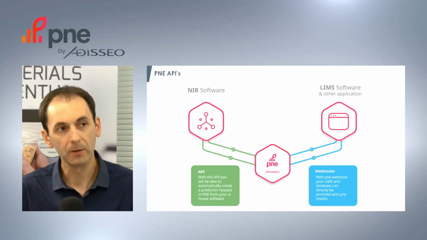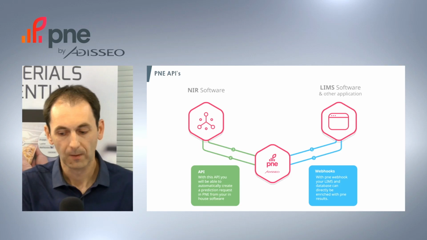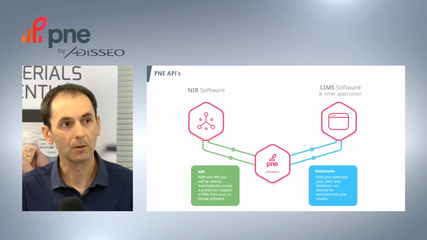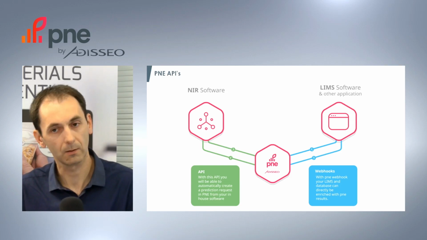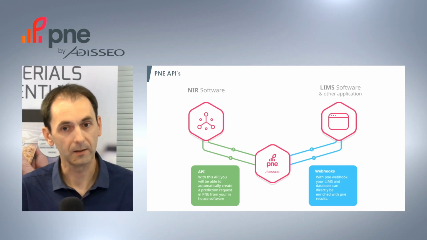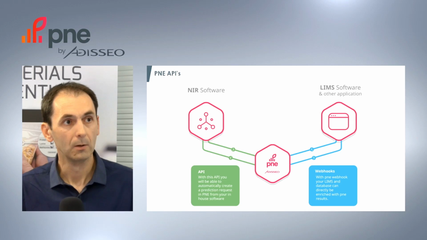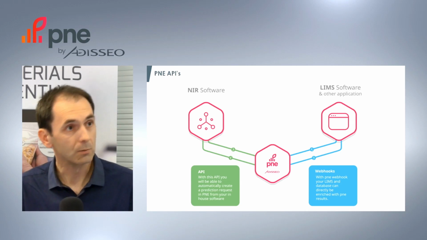Well, these APIs allow an optimal integration of PNE in the feed mill environment. On one hand, PNE can be connected to the software of the NIR instrument to directly and automatically create prediction requests as soon as the sample is scanned and measured, mostly to avoid taking too much time.